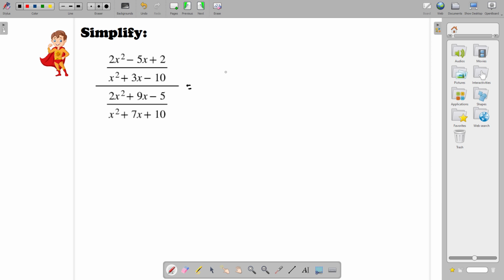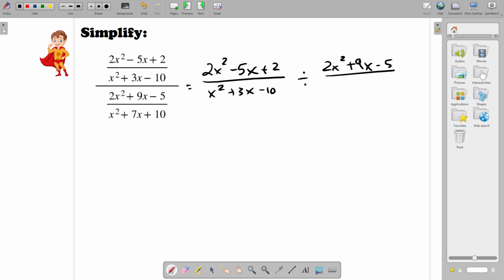Alright, let's remember that this means 2x squared minus 5x plus 2 over x squared plus 3x minus 10 divided by 2x squared plus 9x minus 5 over x squared plus 7x plus 10.